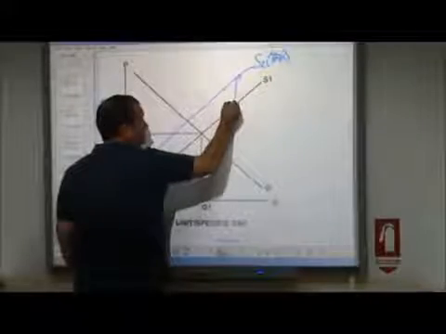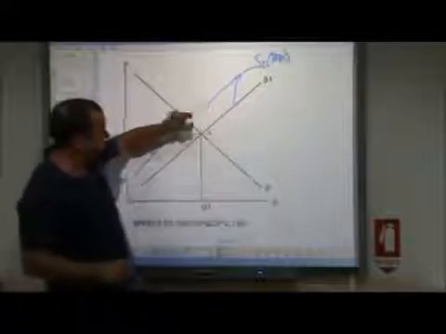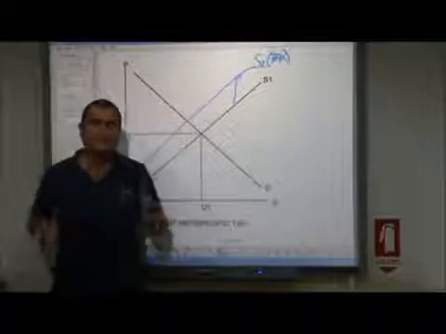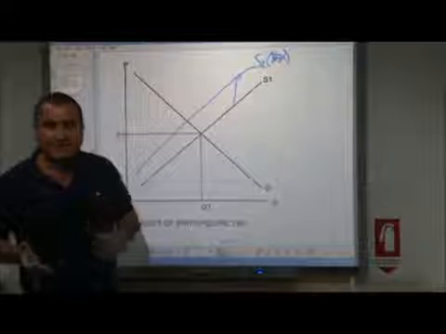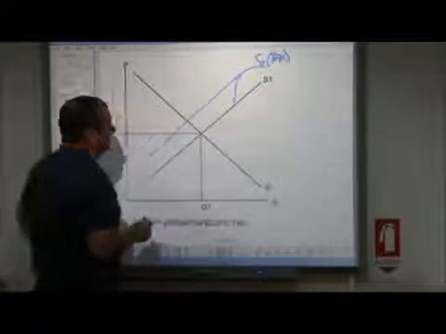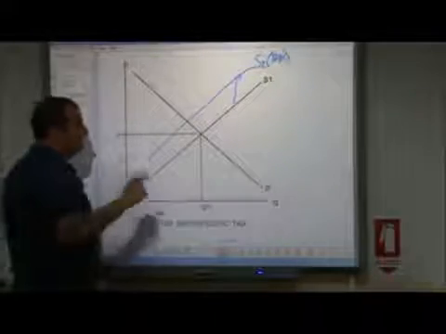That is the tax. The vertical distance between the supply curves. The vertical distance is the same with a unit tax. Those lines are parallel. It's a parallel shift of the supply curve. And it is so because the tax is the same, whatever the price, with a unit tax. Now look at this.